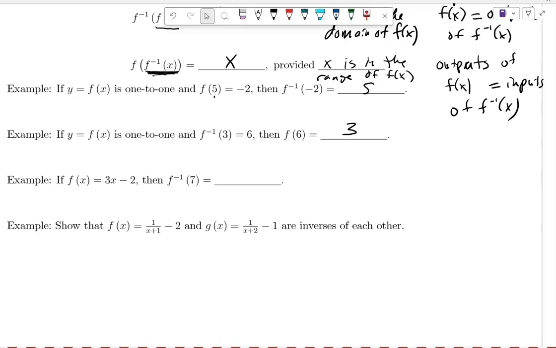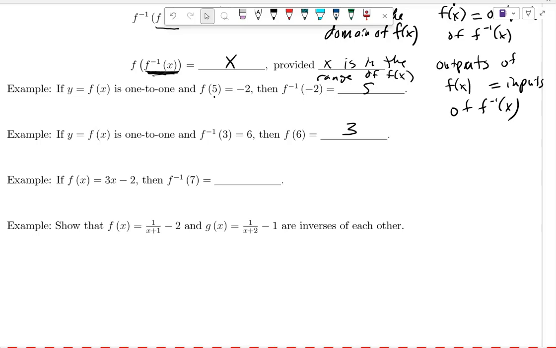Does the way this 7 is written refer to an input of the original function or an output of the original function? Output. It's an output, right? Because it's an input for the inverse, so it's an output for the original.